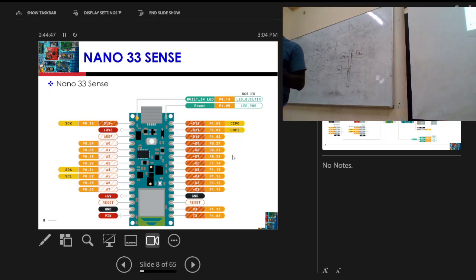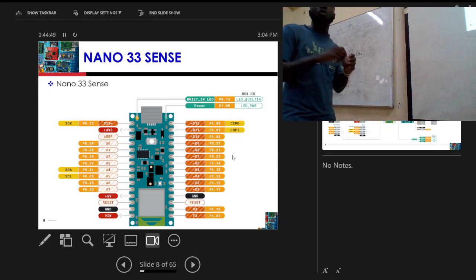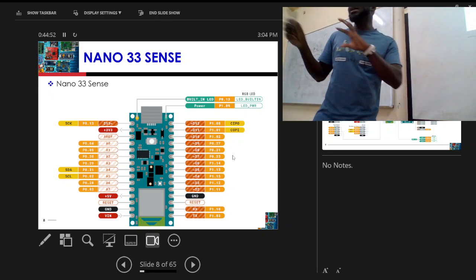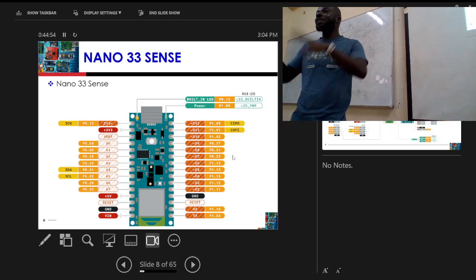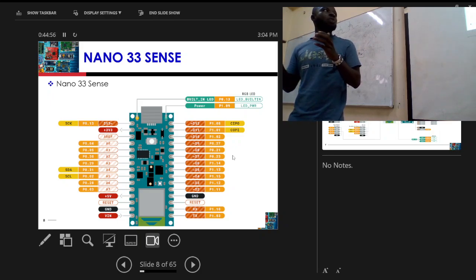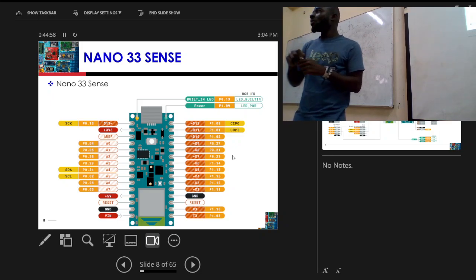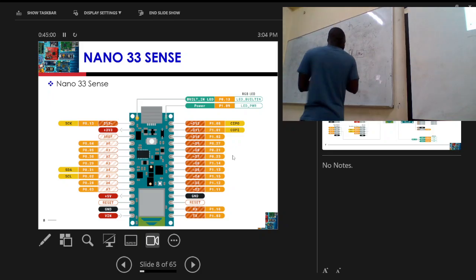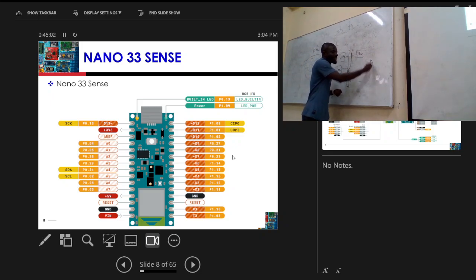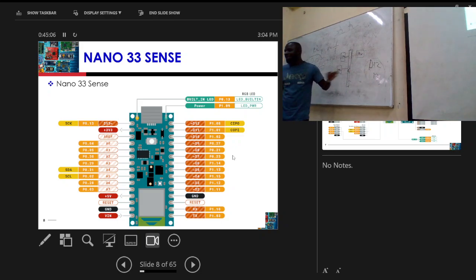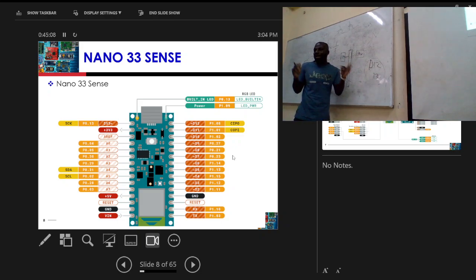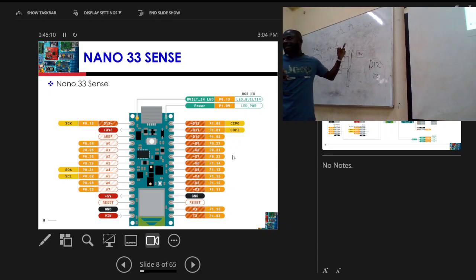Understood? The most important thing is that in writing an Arduino sketch, once you are referring to a digital pin, you can refer to it by the number. I can say D12 or just 12, and the board will know that it is the digital pin.